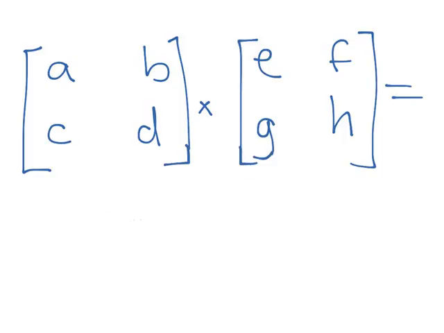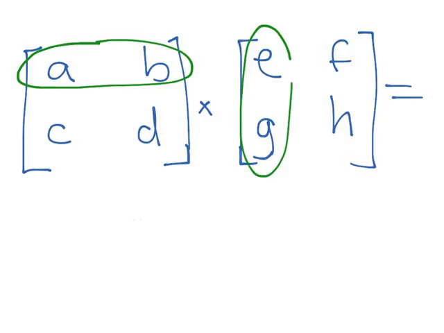To multiply these matrices, you take the first row of our first matrix and the first column of our second matrix, and then you multiply the corresponding elements.